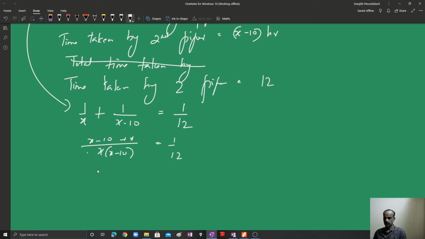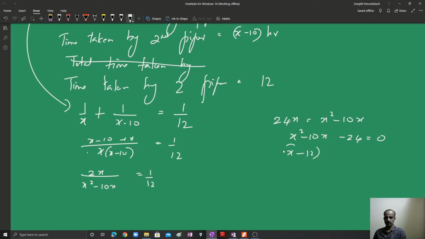So when you do it, you will get 2x by x square minus 10x is equal to 1 by 12, or 24x is equal to x square minus 10x, or x square minus 10x minus 24 is equal to 0. So obviously it will be x minus 12 into x plus 2 equal to 0. x is equal to 12 or x is equal to minus 2.